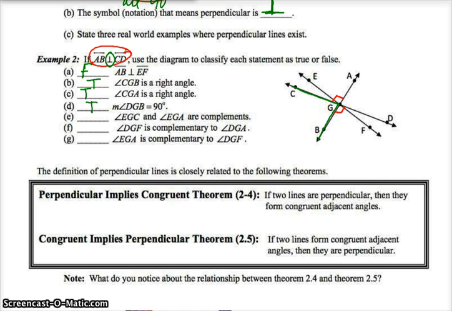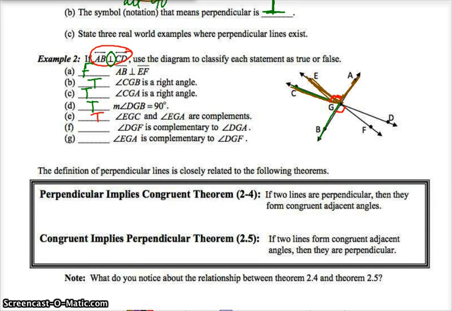Are EGC and EGA complements of each other? Well, I can see here by outlining them, they made the entire 90 degree angle, so yes, they are complements of each other because they add up to 90 degrees. Let me get a different color here.